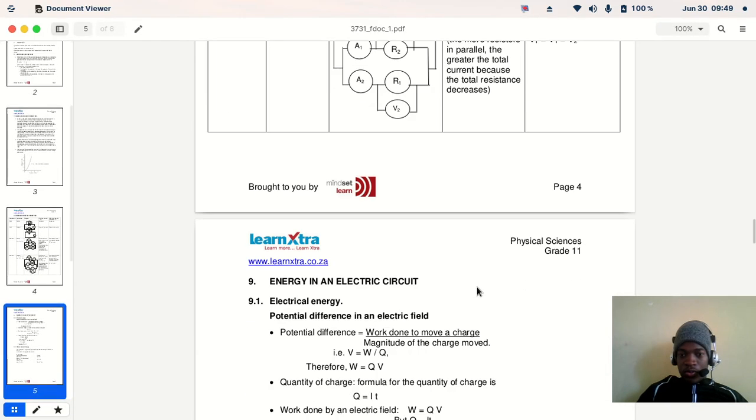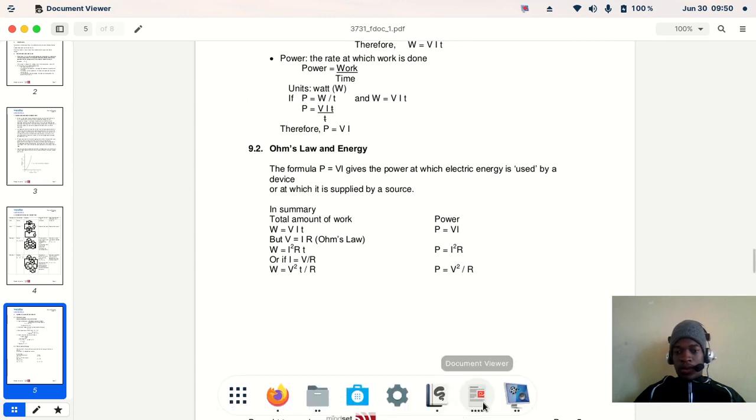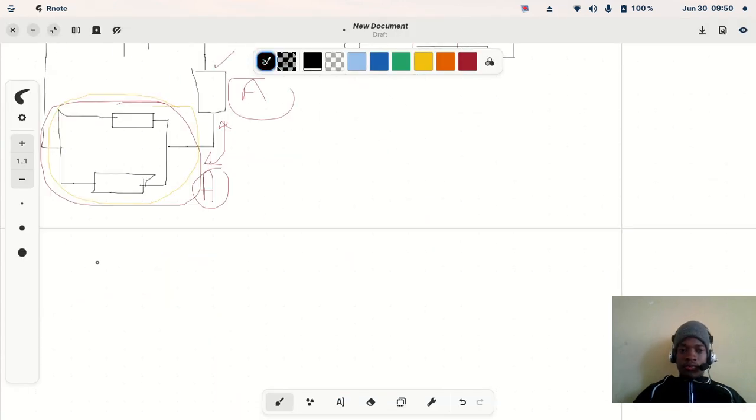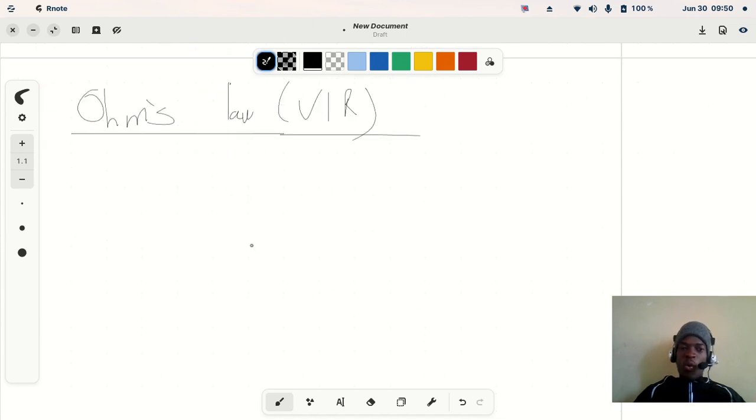Then if you go through this document, there were these formulas that we were given. But firstly, there is a thing you have to remember from grade 11, which was Ohm's law. The one that I like telling my students is called VIR, the special formula that says V is equal to IR.